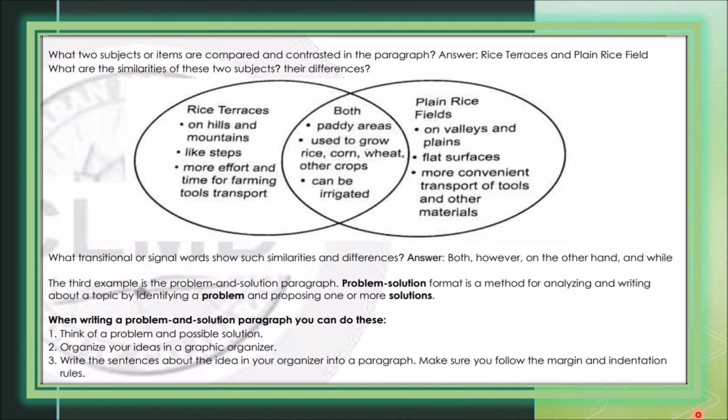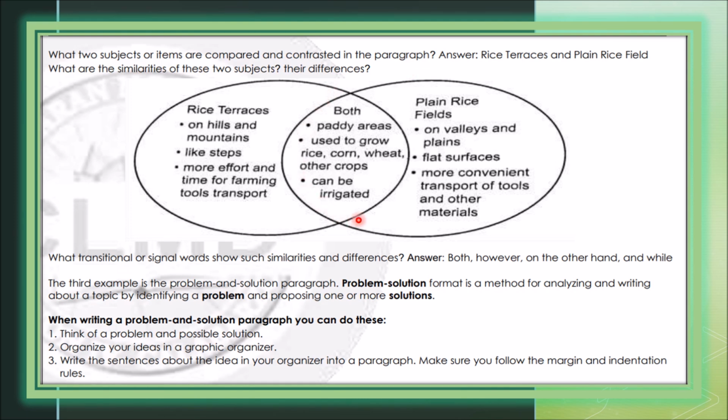Again, what two subjects or items are compared and contrasted in the paragraph? So the answer here, rice terraces and plain rice fields. So the questions are, what are the similarities of these two subjects and their differences? Where can you find the similarities? Saan nyo makikita ang kanilang pagkakatulad?